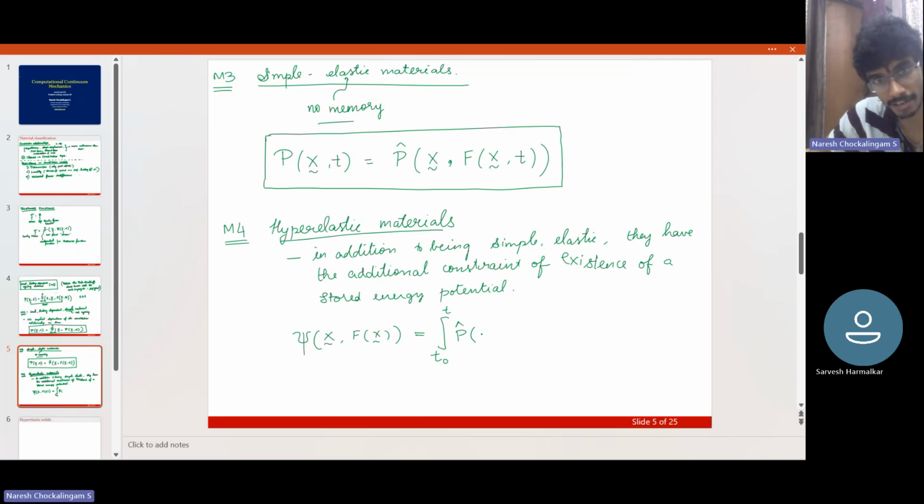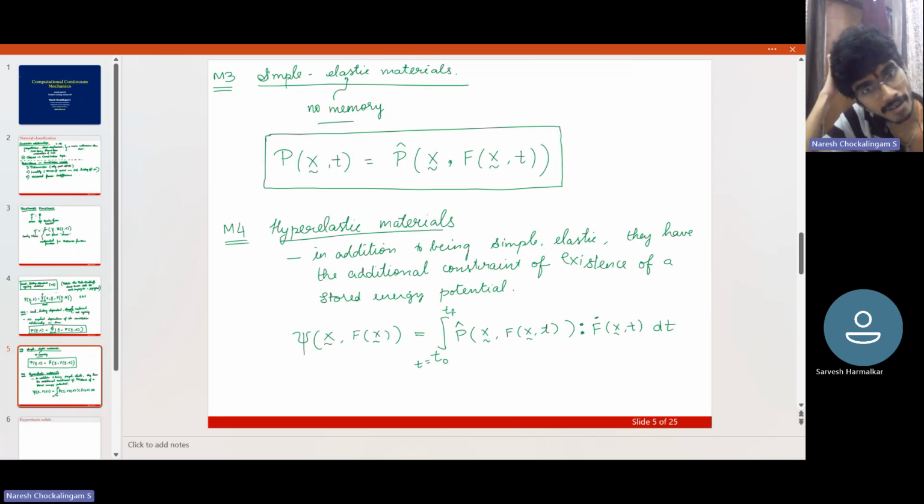We know the first Piola-Kirchhoff stress tensor in general for a simple elastic material depends only on x and F of x comma t. This is inner producted with F dot of x comma t dt, with t going from some time in the past to the current instant.